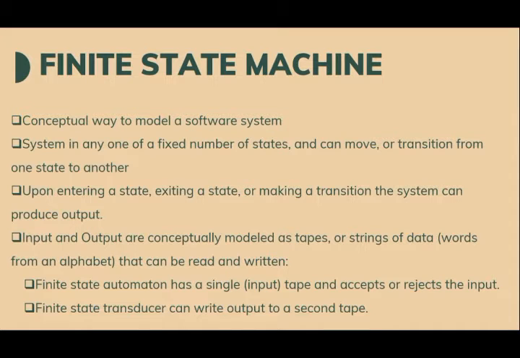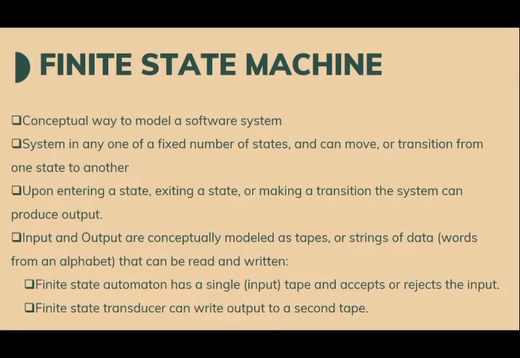So, next is the finite state machine, a conceptual way to model a software system. The system is in any one of a fixed number of states and can move or transition from one state to another. Upon entering a state, exiting a state, or making a transition, the system can produce output.